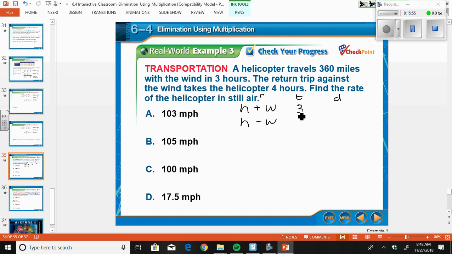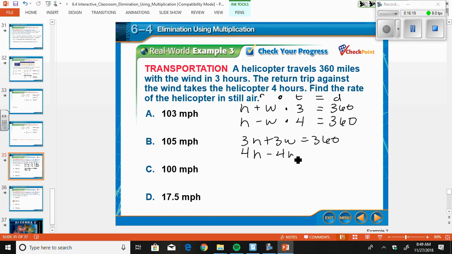The return trip against the wind takes the helicopter 4 hours, and we're going 360 miles in each one. See how I set it up just like we did before? So we multiply rate times time to equal this. So we get 3h plus 3w equals 360. And we get 4h minus 4w equals 360.